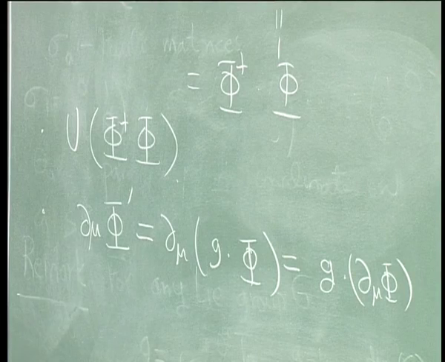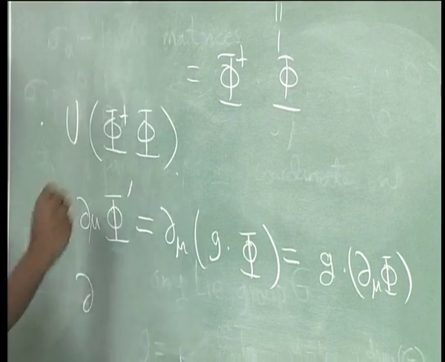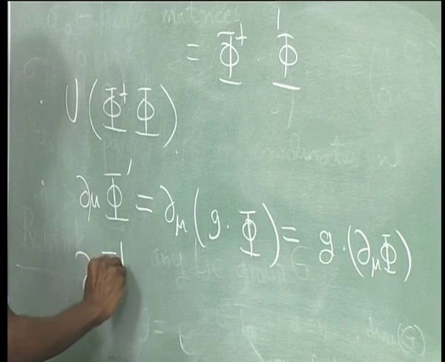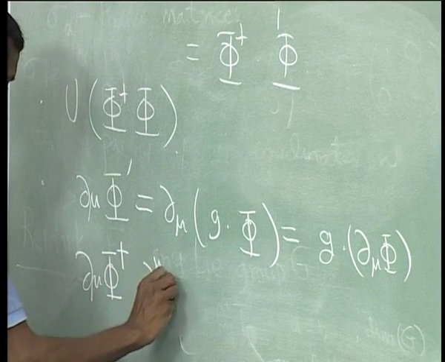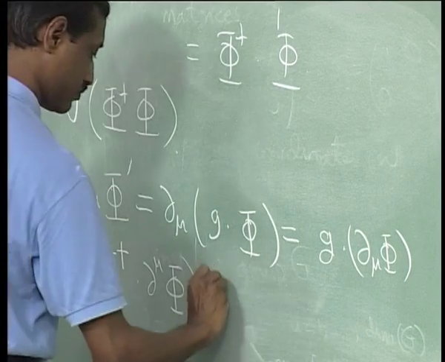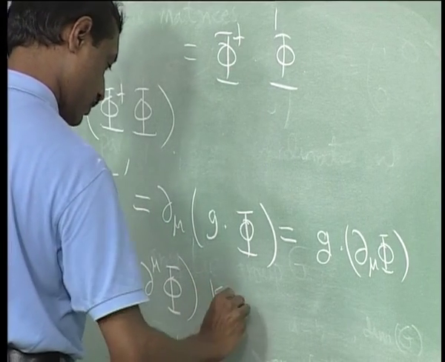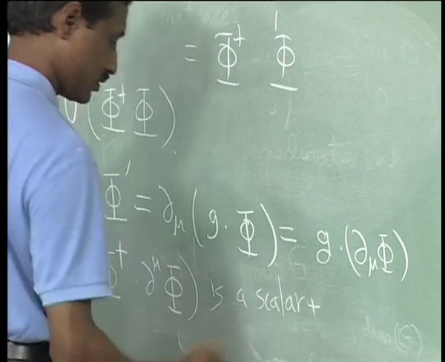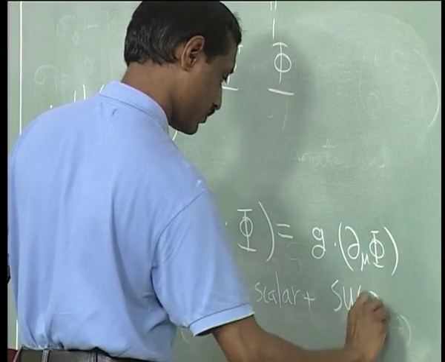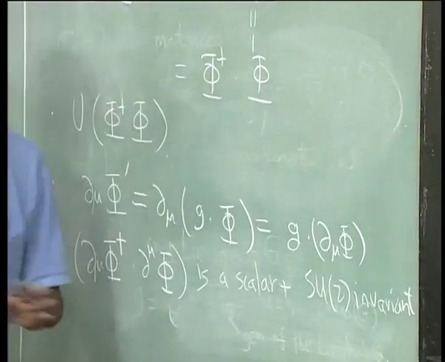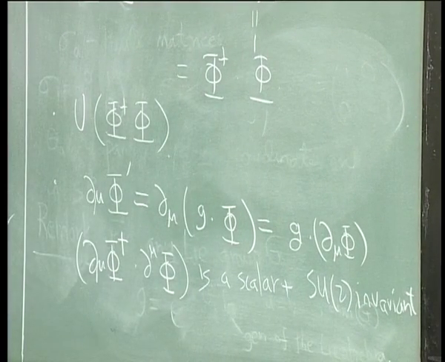So, the kinetic energy kind of term, you can check, again the same thing goes through. Of course, a scalar plus SU2 invariant. We are only talking about global, so there is nothing.